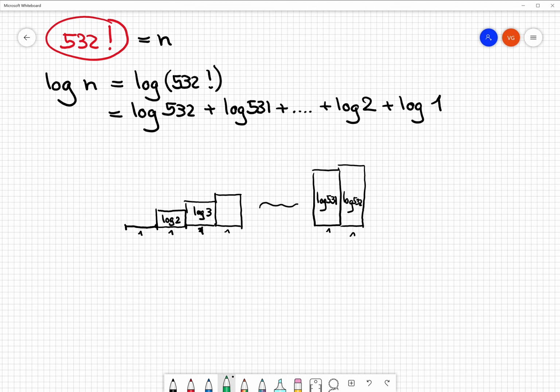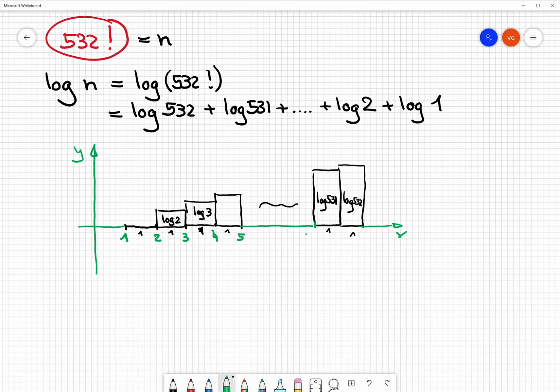To do this, we'll introduce coordinate axes like this, and label this 1, 2, 3, 4, 5. Okay, so 2 is where the logarithm 2 rectangle begins.